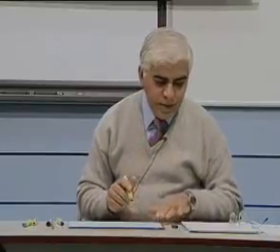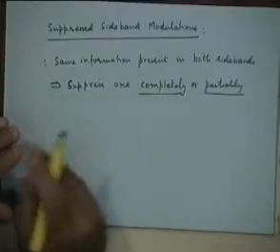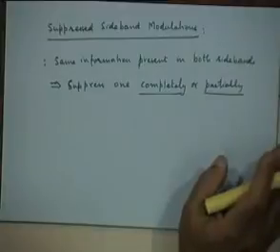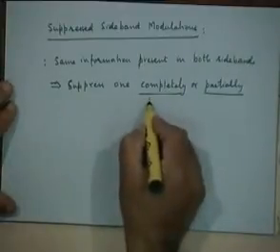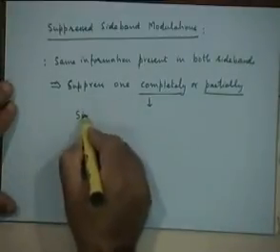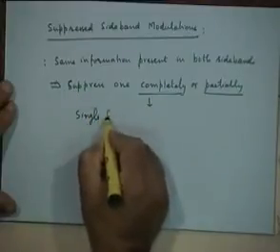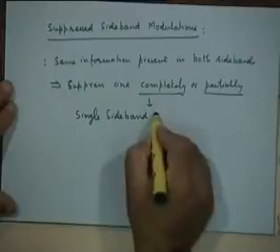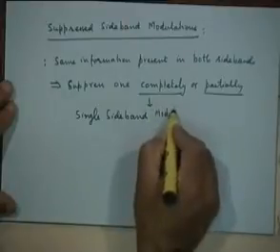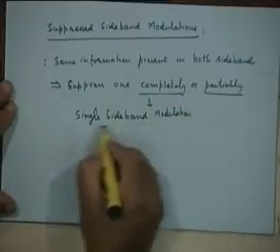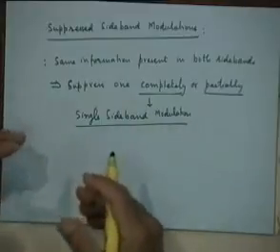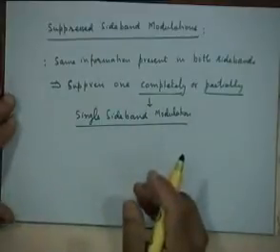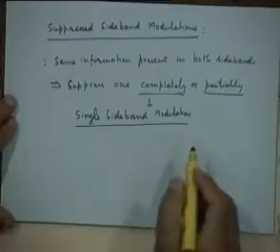Okay, so when we suppress it completely, basically one of the two sidebands goes, and that leads to what is called single sideband modulation, because you are either transmitting the upper sideband or the lower sideband.